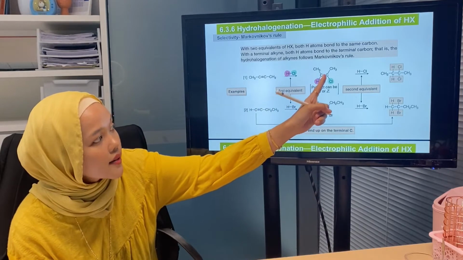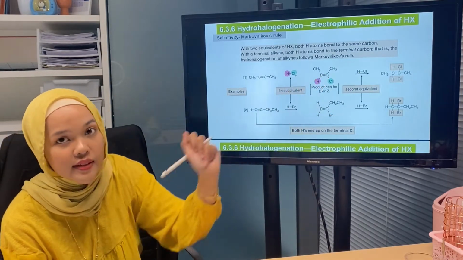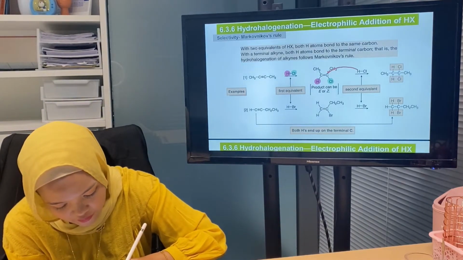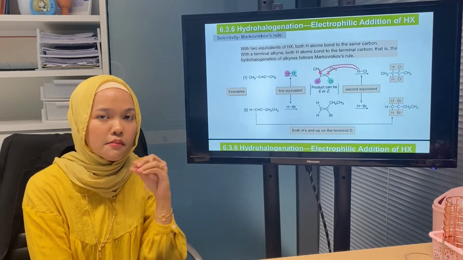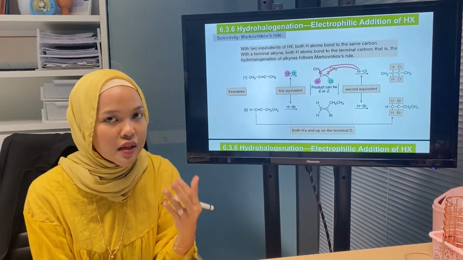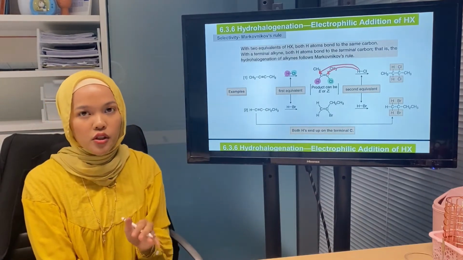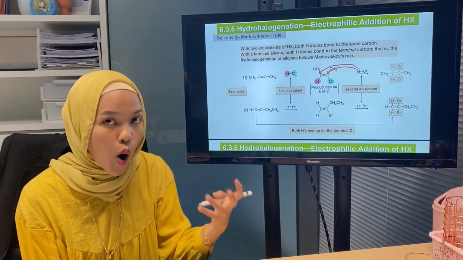Now you need to ask, do you want to add the hydrogen at this carbon or this carbon? Based on the Markovnikov rule, the hydrogen will be added to the carbon that contains more hydrogen.